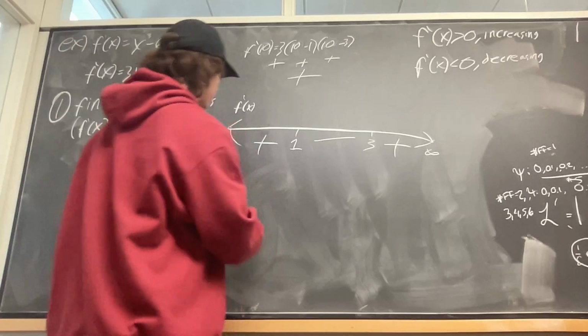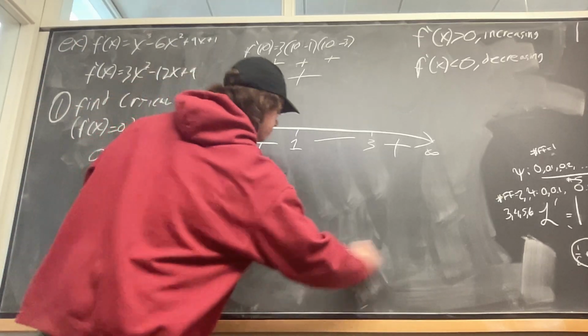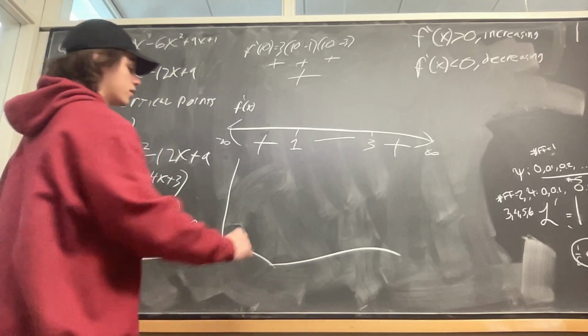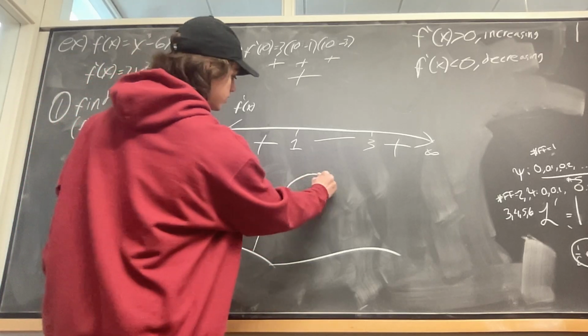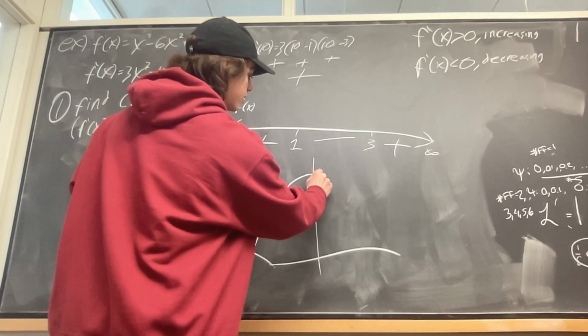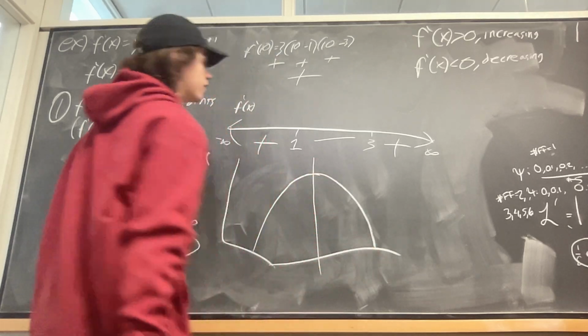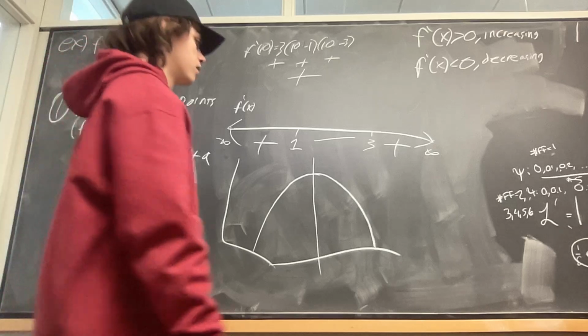So what does that mean? If you recall from earlier, let's say we have a graph. So we have a graph here. If the slope of that graph goes positive, crosses the point, and then goes to negative, that's a local max.